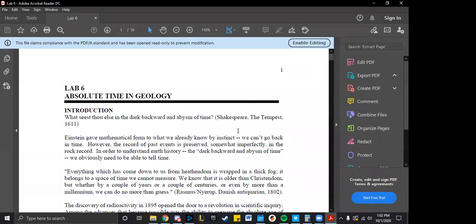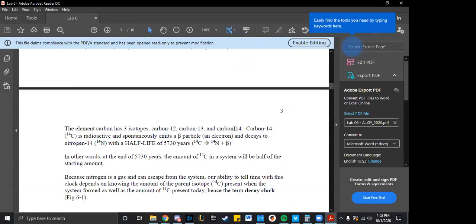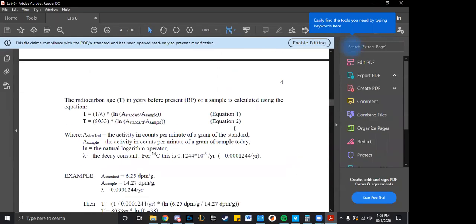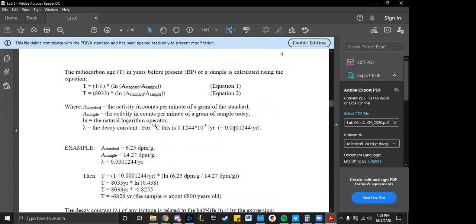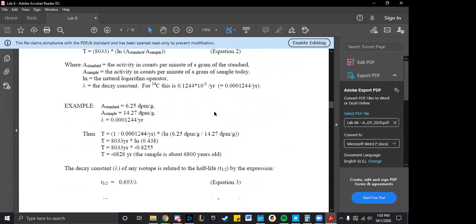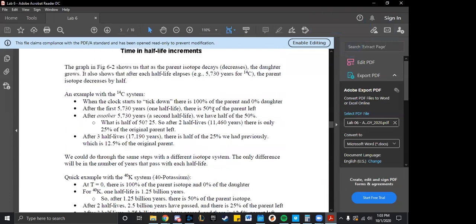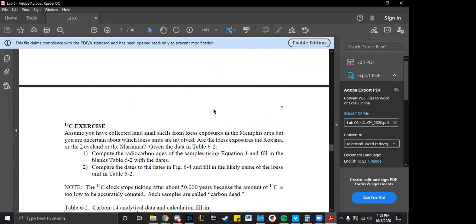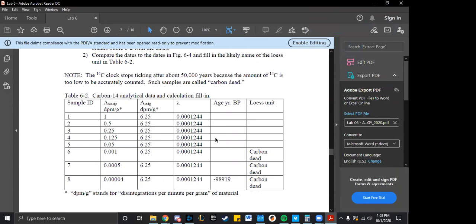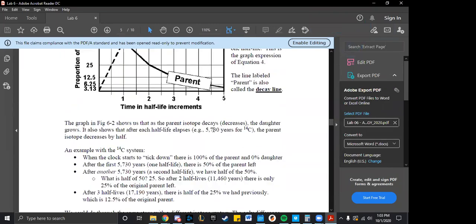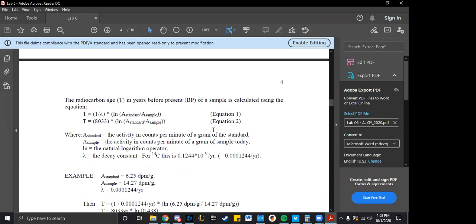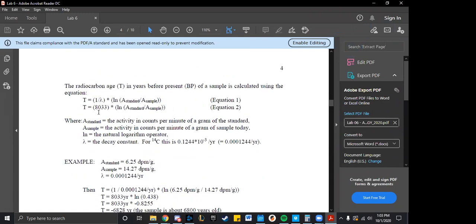On page 4, where it has equation 1 and 2, are we using equation 1 for table 6.2? Yeah. Okay. So it's pretty much the same thing. This one and then the other.